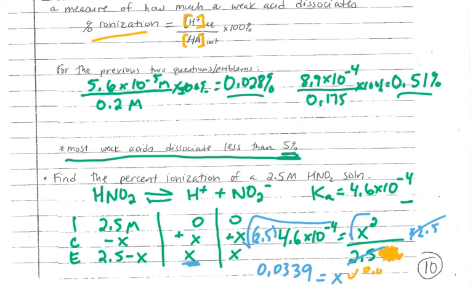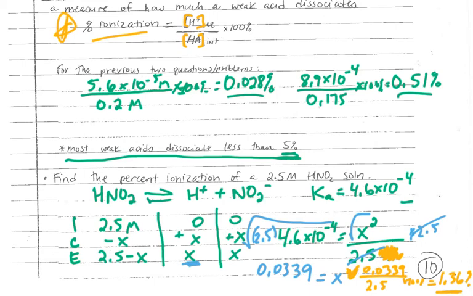So I do 0.0339 divided by the initial concentration of 2.5 times 100%, and I get 1.36%. Notice that my validation check is the same as the percent ionization equation. So when you check whether your X is valid, you're actually calculating the percent ionization right there.